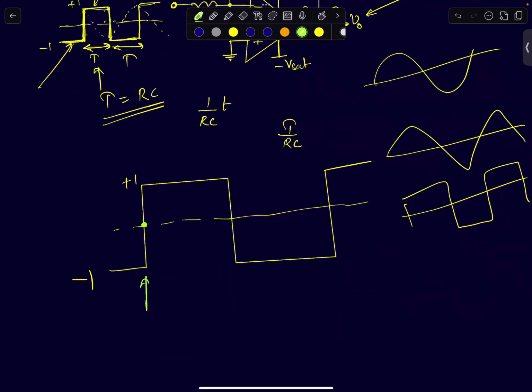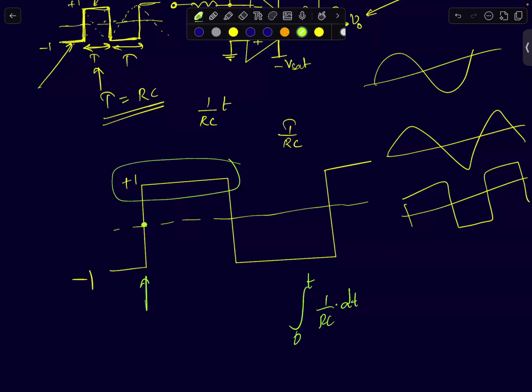If you start from here, you just have to integrate this waveform. If you integrate this, what do you get? Integral 0 to t, 1 over RC, Vi is 1 volt dt with a minus sign. It's an inverting integrator. So you get minus t by RC. So if you are applying +1, the output will start from 0 and go negative.